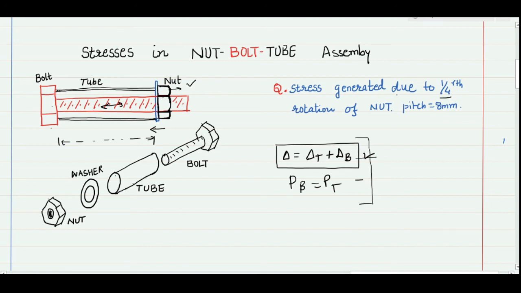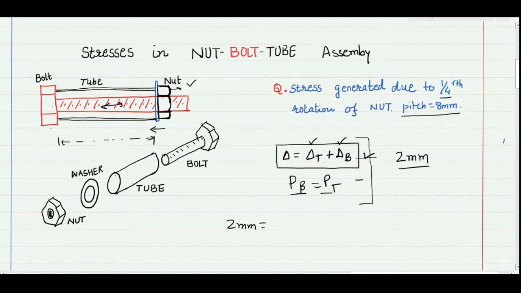And here if you read the statement, it says that we are giving a 1/4 rotation and the pitch is given. So we know that once I give a 1/4 rotation, the nut will move by 1/4 of the pitch. That means the total movement of the nut is given as 2 mm.